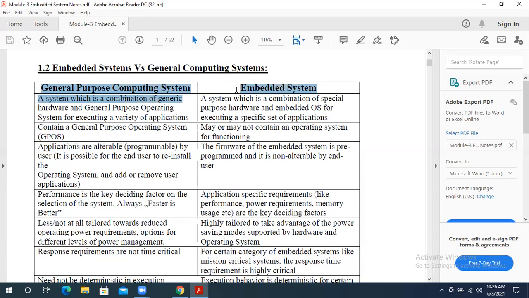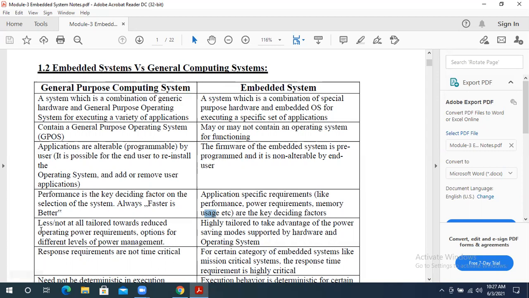But with normal computers we do multitasking here. That's why it is a little bit slower than the embedded system. The application specific requirements mean it has very good performance, consumes less power, and consumes less memory also, because we have only a specific task here.